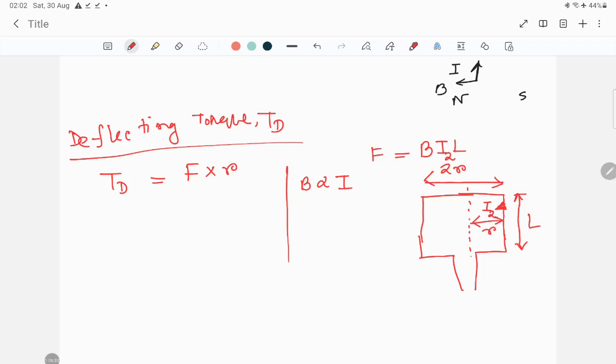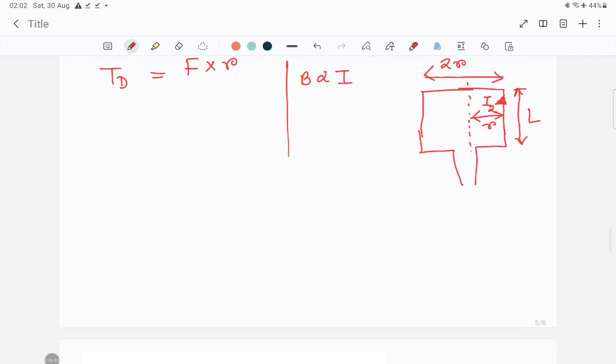Let us assume that the current flowing through the fixed coil is I1, and the current flowing through the moving coil is I2. So how can we say what B will be equal to? Yes, so let us use a simple constant value, that is K.